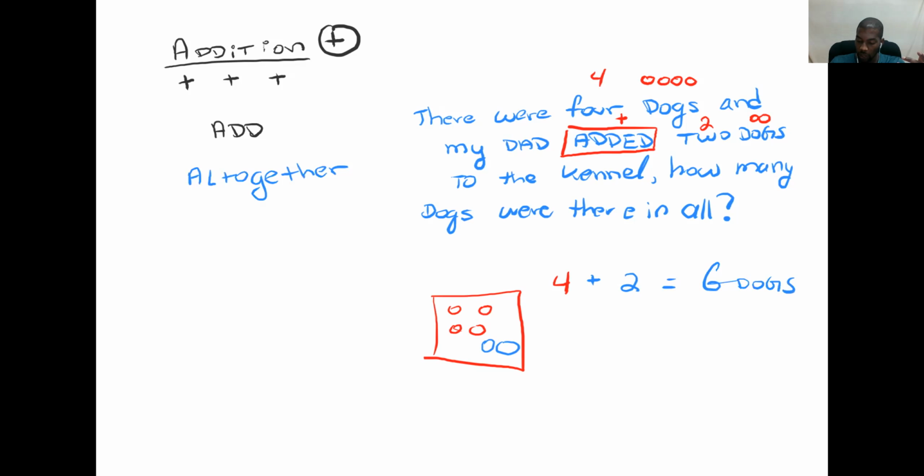I could replace the phrase "in all" and ask, how many dogs were there altogether? And that is a word that means addition.